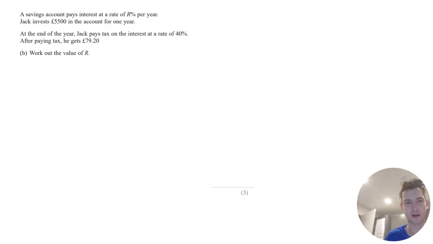This is actually part B of the question. So a savings account pays an interest at a rate of R% per year. Jack invests 5,500 in the account for 1 year. Okay, only 1 year. At the end of the year, Jack pays tax on the interest at a rate of 40%. So the tax is 40%.